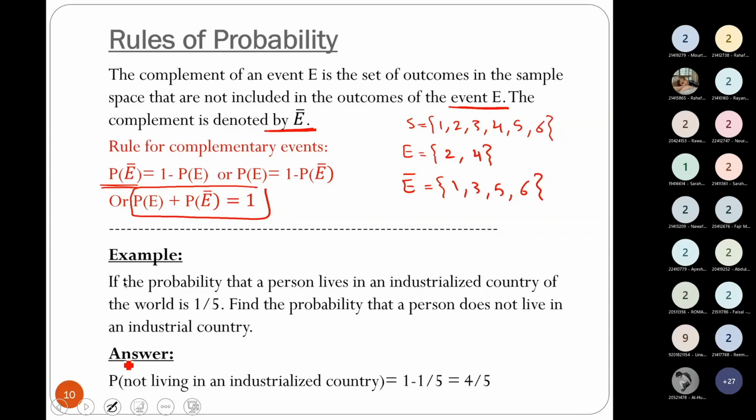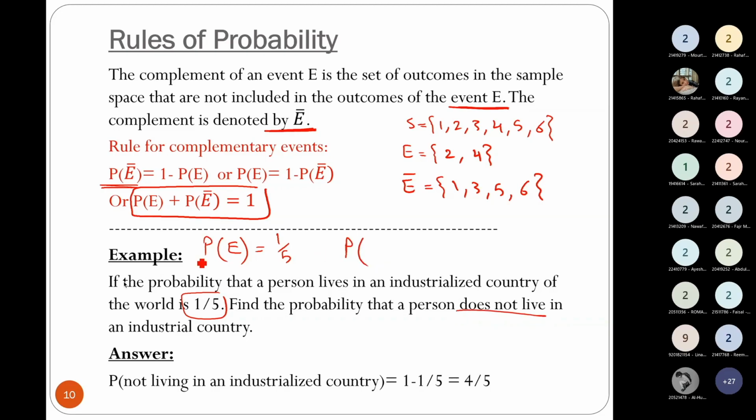Now, the probability of the complement equals 1 minus the probability of E. Also, we can find the probability of E if given the complement, 1 minus the complement, like this. Example, if the probability that a person lives in an industrialized country of the world is 1 over 5, find the probability that a person does not live in an industrial country.